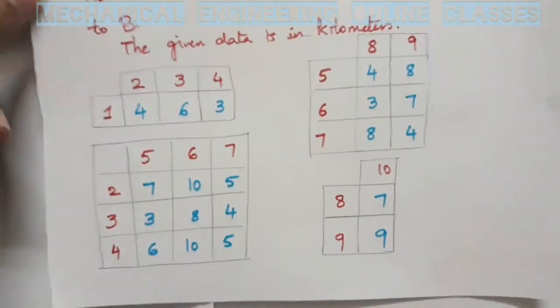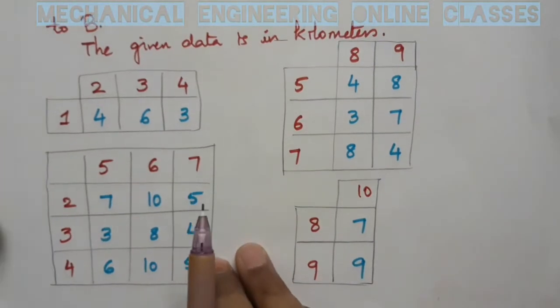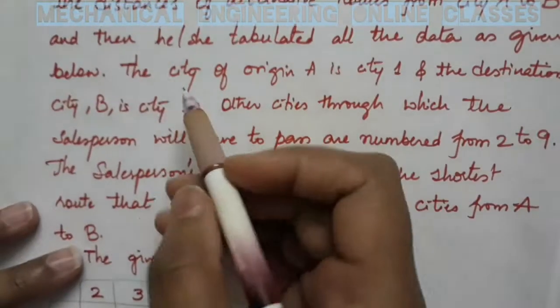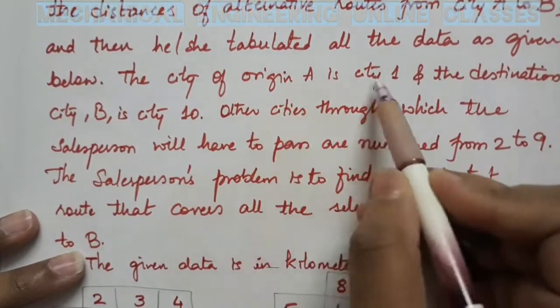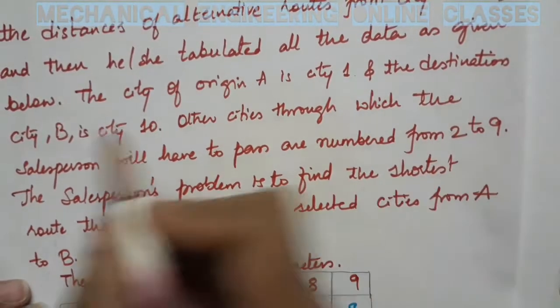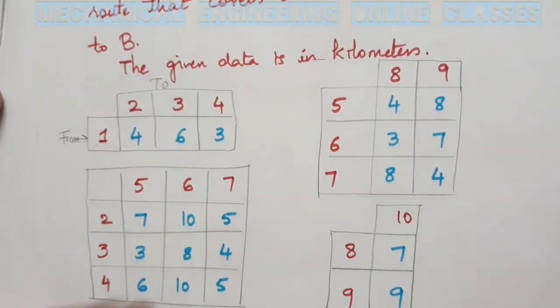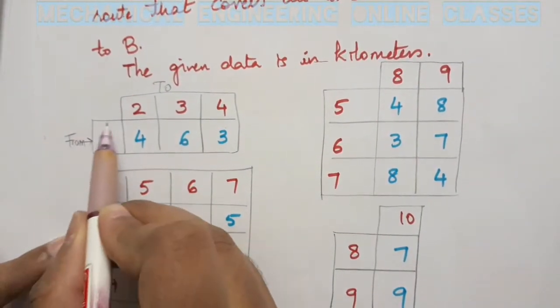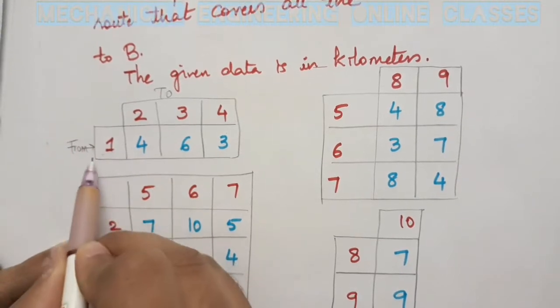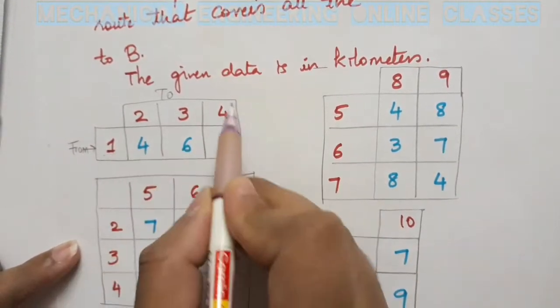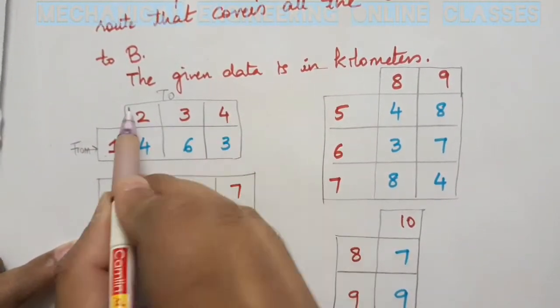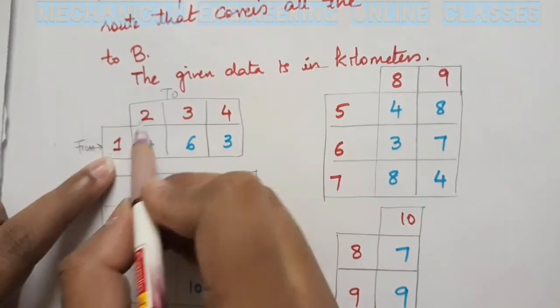including the tables. In the question it is given that the city of origin A is city 1 and the destination city B is city 10. In case to and from is not mentioned in the question, mostly the left side will be the from column and the first row will be 2, meaning from 1 to 2.